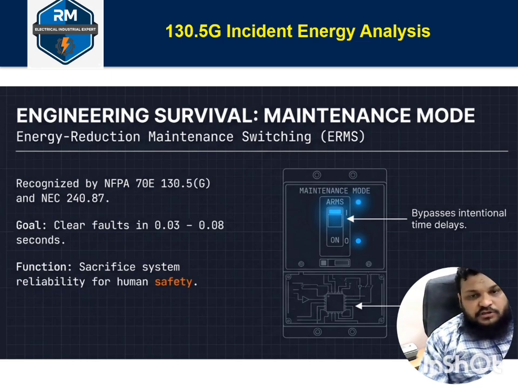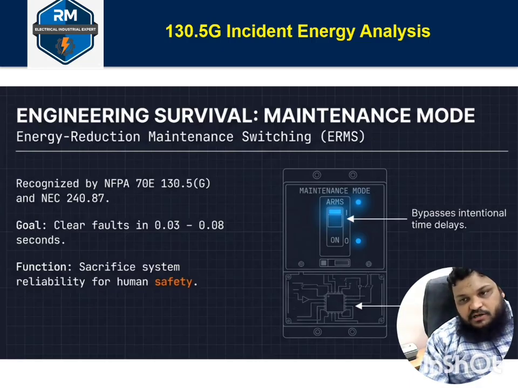The main purpose is to sacrifice system reliability to consider human safety, so that during any maintenance activity on live equipment, the safety of the employee is the priority and the employee will not be hurt.